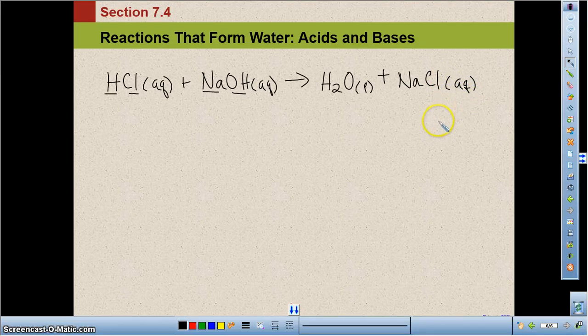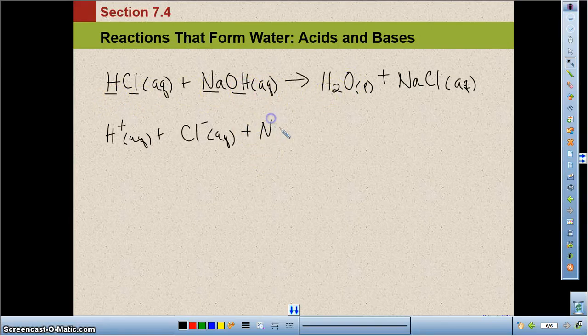So if we were to go ahead and take this and split it up like we did with the precipitation reaction, we would have H plus aqueous plus Cl minus aqueous. Oops, I should have made sure I was balanced. So there's 2 hydrogen, 2, 1, 1. So we're balanced. Okay.